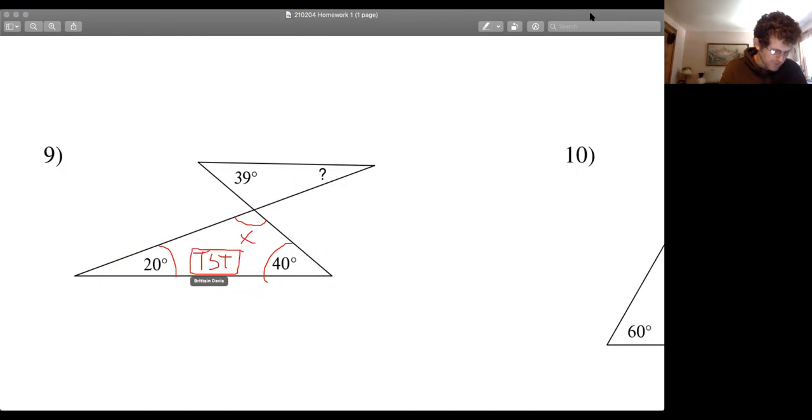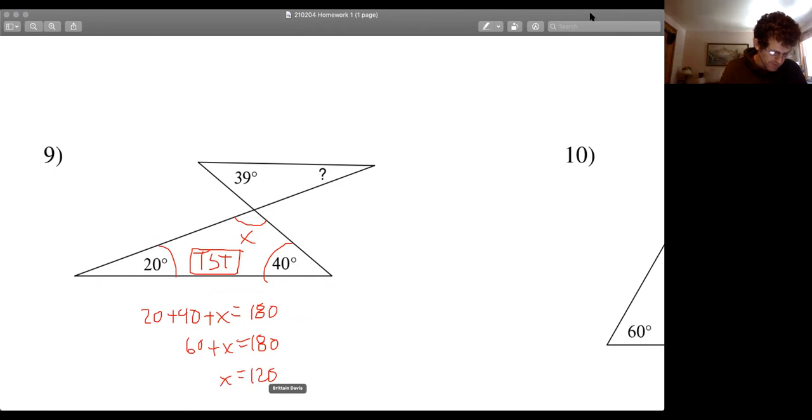So at this point, 20 plus 40 plus X have to add up to 180 degrees. I add this together, 60 plus X equals 180, and then subtract the 60, X equals 120. All right, so I'll erase that real quick, and I get 120 degrees for that angle. We're ready to move forward to the next part.